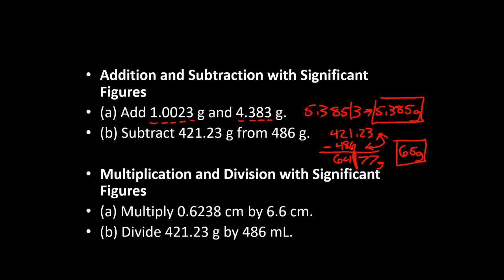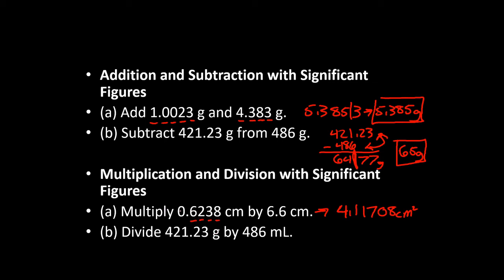Okay, what about these other two down here? So 0.6238 times 6.6 gives us 4.11708 centimeters squared would be the units on that, since both of them have units of centimeters. But this number has 4 sig figs.